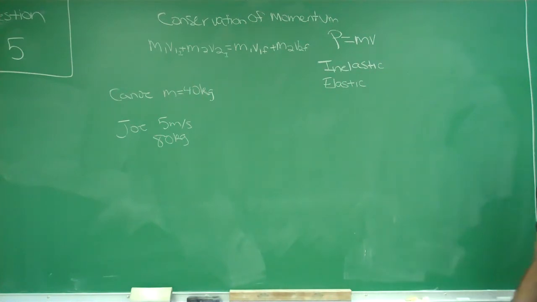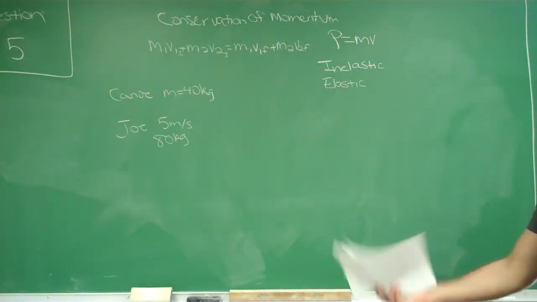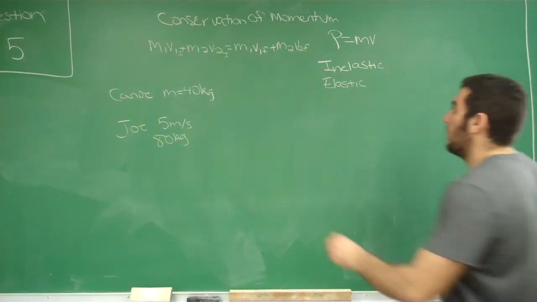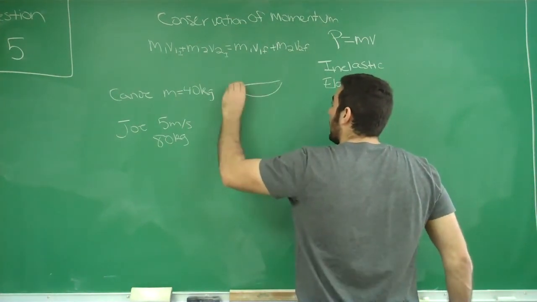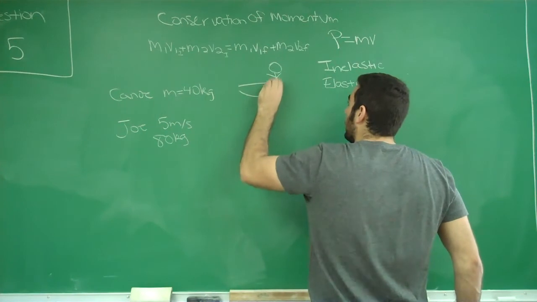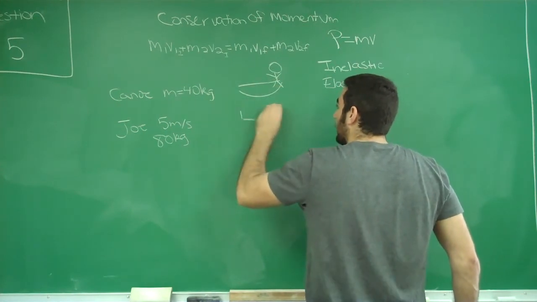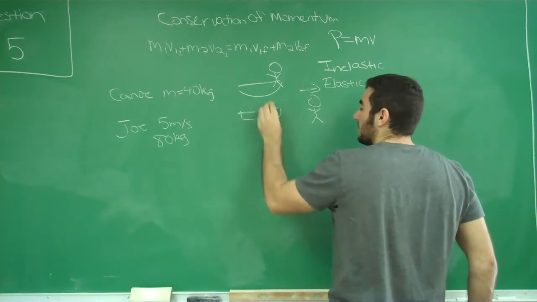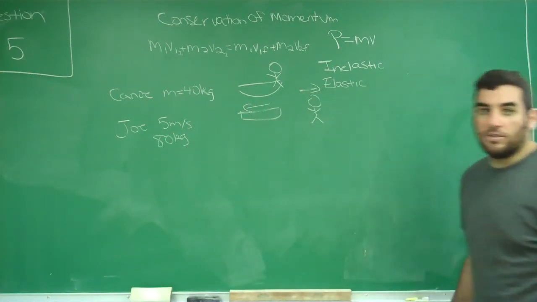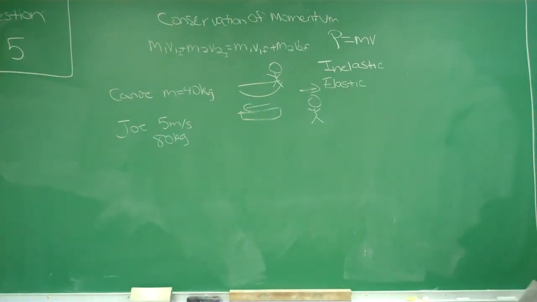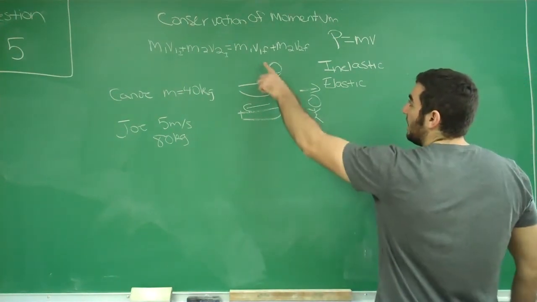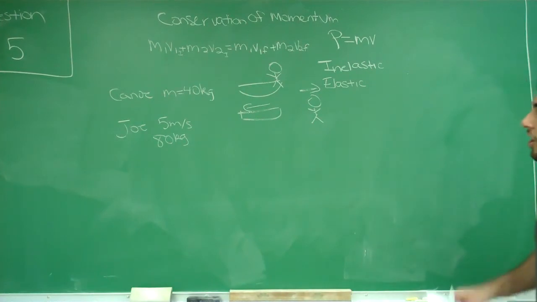So, to determine the difference between inelastic and elastic, well, Joe and the canoe are initially together, and then after Joe jumps, he travels some direction to the right, and the canoe travels some direction to the left. So, normally when we solve this, we say that the final velocities are equal to one another.